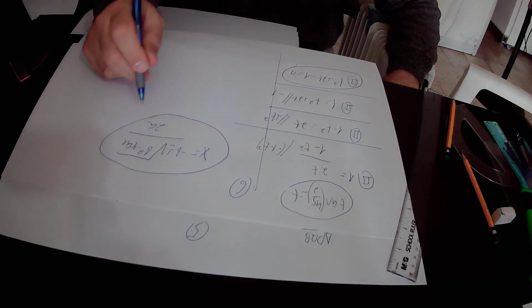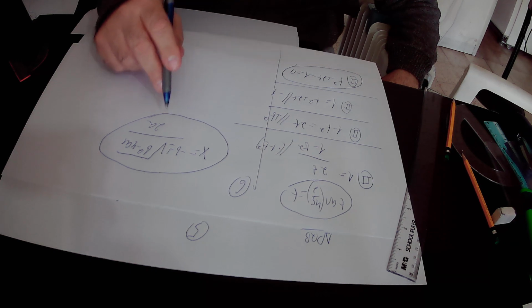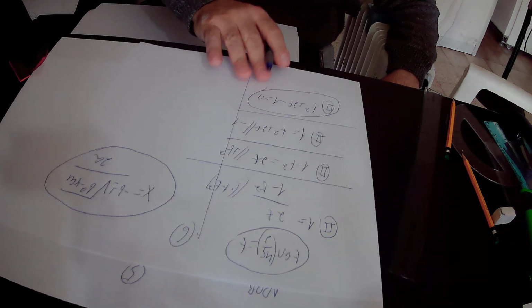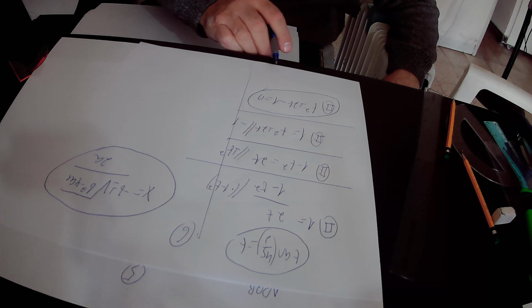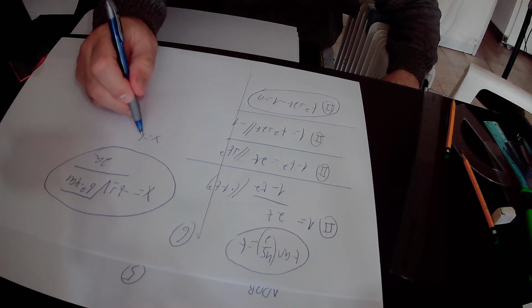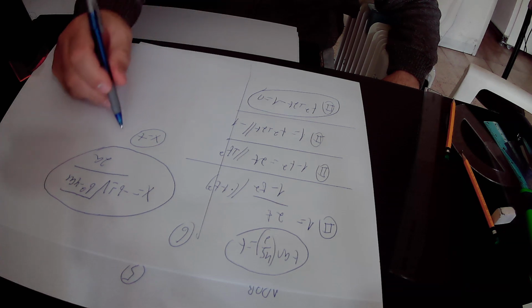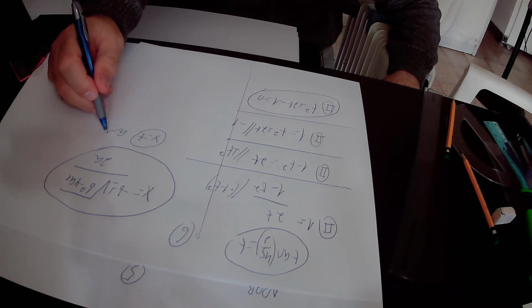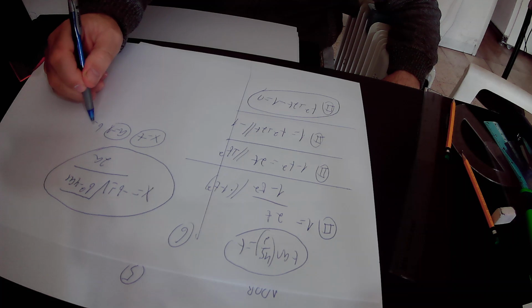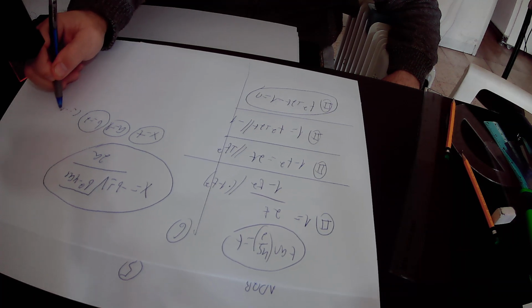Here a, b, and c are the coefficients of the quadratic equation, and x is the variable that we are looking for. In our specific quadratic equation, t squared plus 2t minus 1 equals to 0, the variable that we are looking for is t, so x equals to t. The coefficient a in our specific quadratic equation equals to 1, the coefficient b equals to 2, and the coefficient c equals to minus 1.